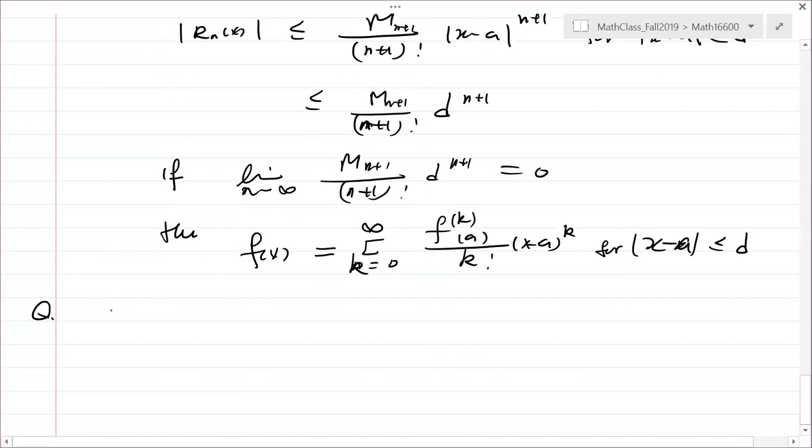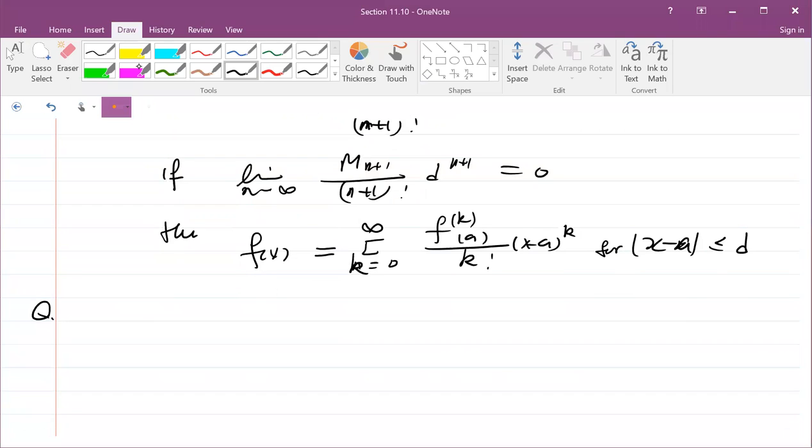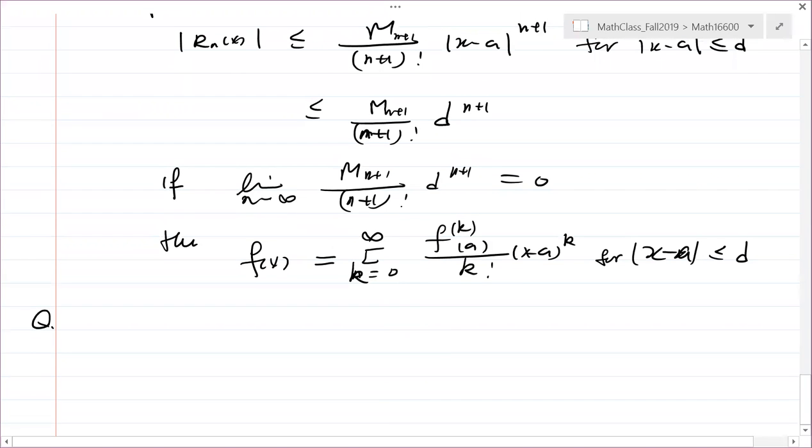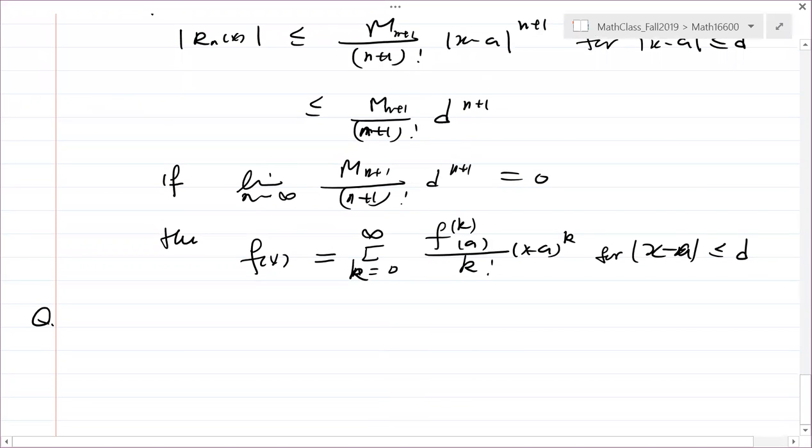My general statement is every elementary function can be represented by a power series at a number inside the domain, locally. And it's hard to prove because there are so many different types of functions there, but that fact is true.